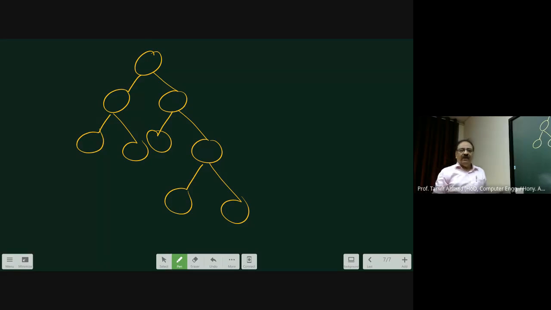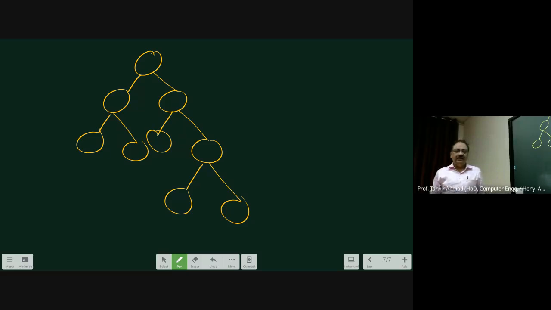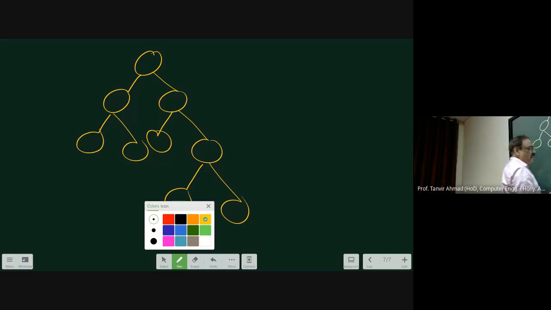Now tell me, is it an AVL tree? Yes, sir. Yes, it's an AVL tree. Fine. Now, what I'm going to do is add a node at this place.